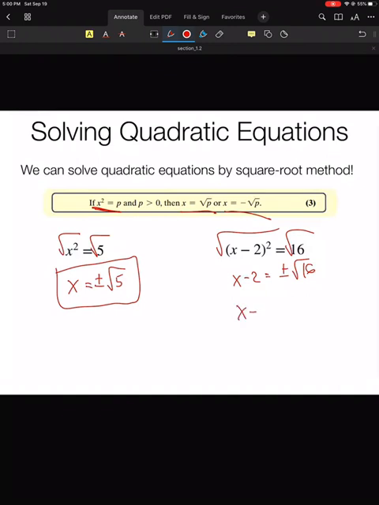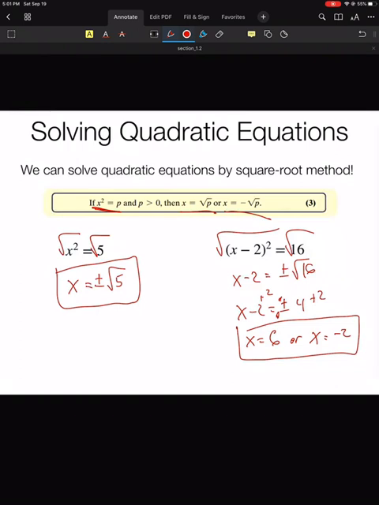So now we have x minus 2 is equal to plus or minus 4. And then I add the 2 over. And so the two answers are, if you take the plus 4 plus 2, we get 6. Okay, so that's this first one. But now if we take the negative version, negative 4 plus 2 is negative 2. And so there are the answers.